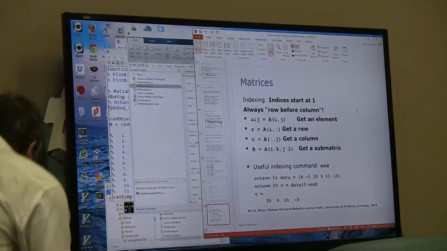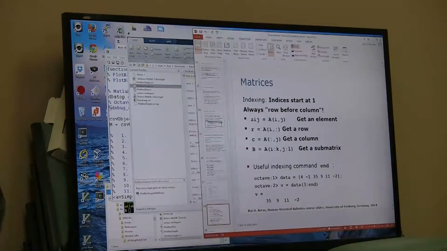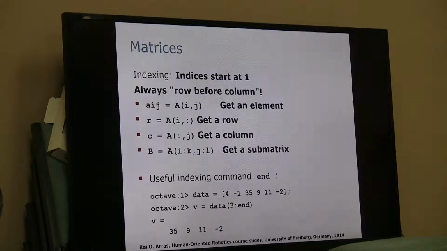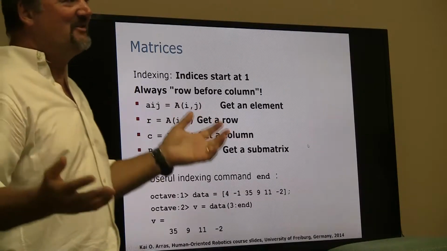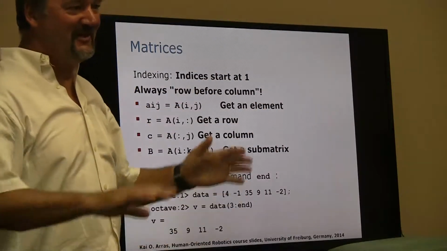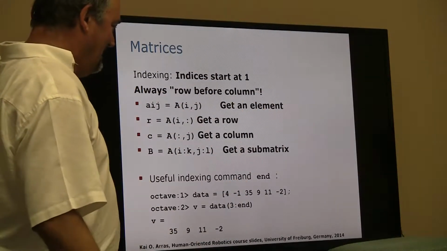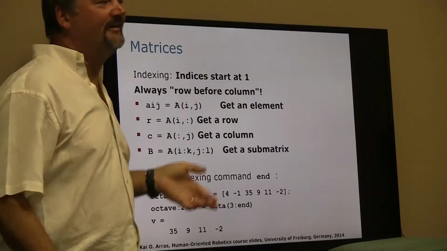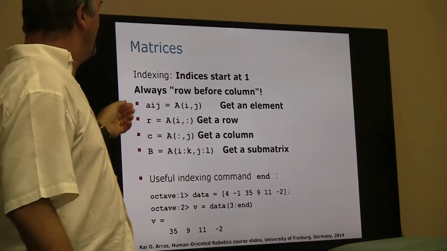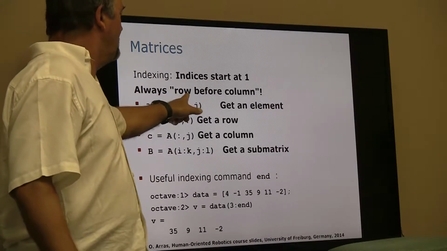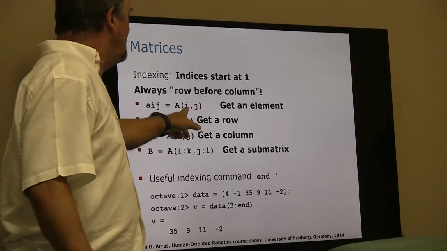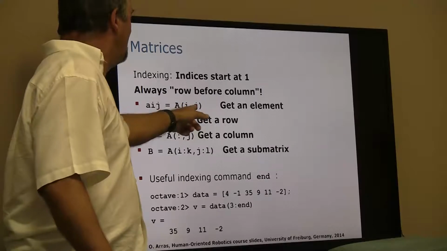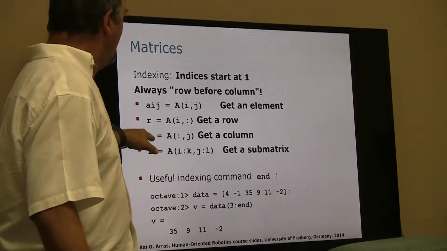So let's jump into matrices, because your robot data is a matrix. Each row for each tick is a row of a matrix. Indices start at 1, so it's different from many programming languages. The order is row then column, so I is your row number, J is your column number.